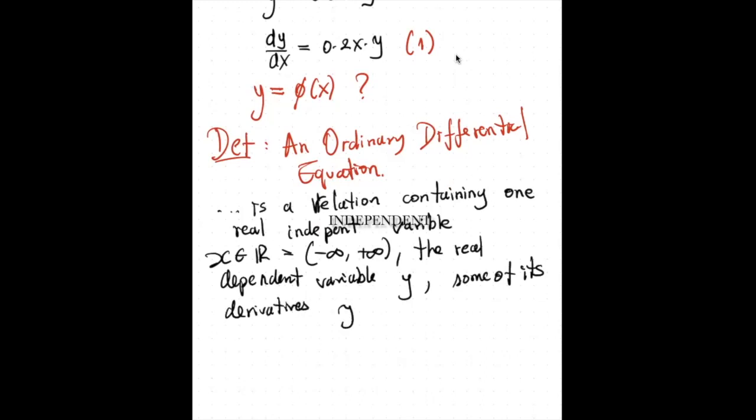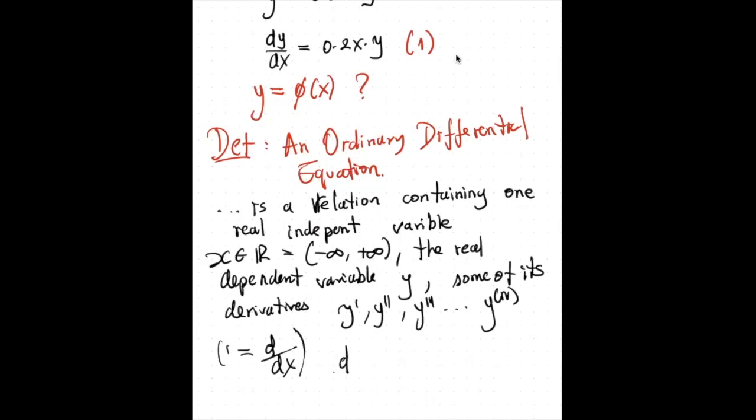Derivatives can be written in this form: y prime, the second derivative, the third derivative, and so on, up to the nth derivative of y. Here prime means that we have d over dx.